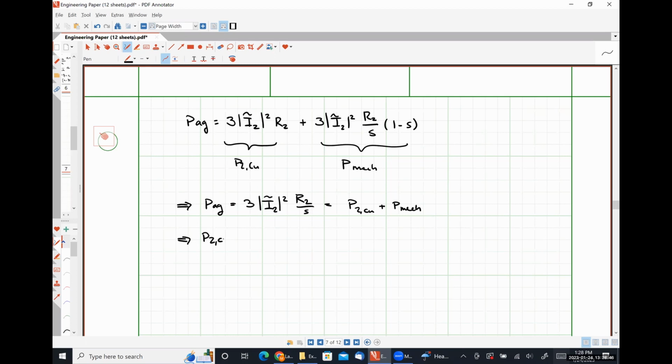Our copper losses are 3 times I2 squared times R2. This is nothing more than the slip multiplied by the power delivered across our air gap.